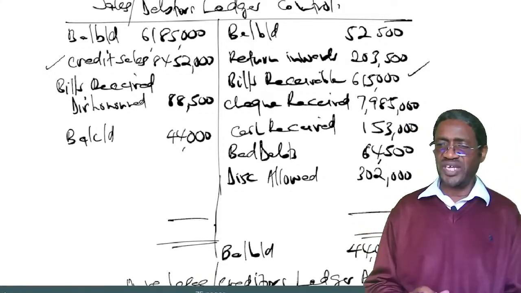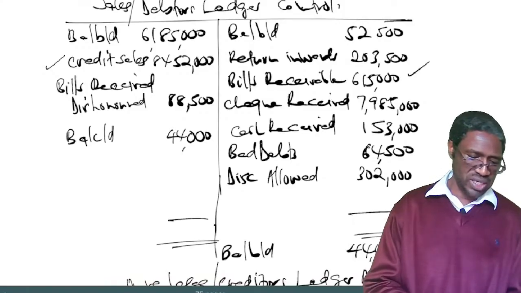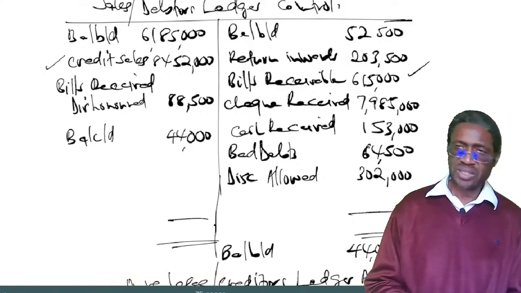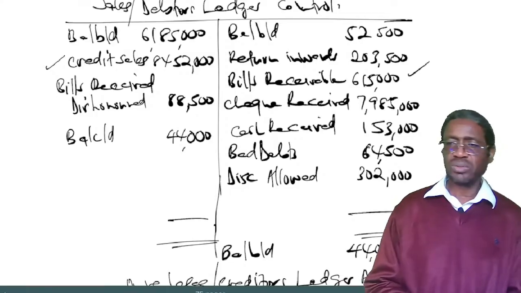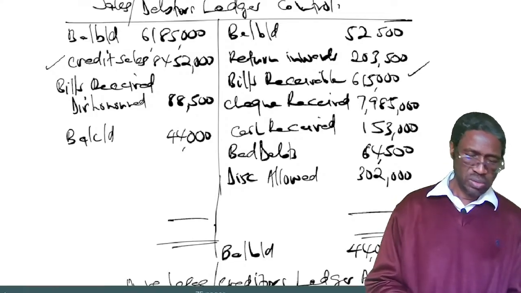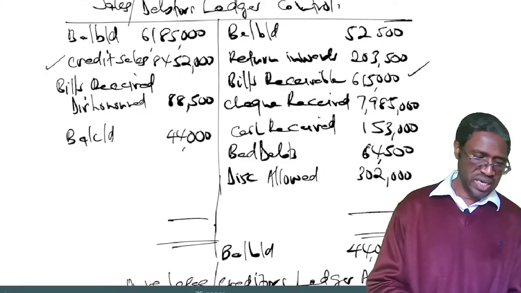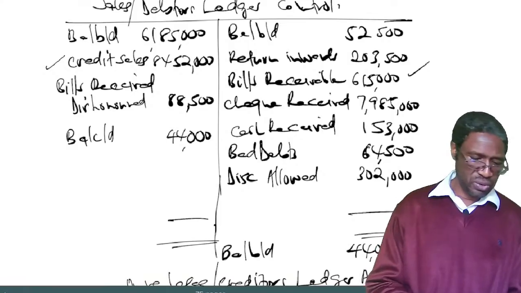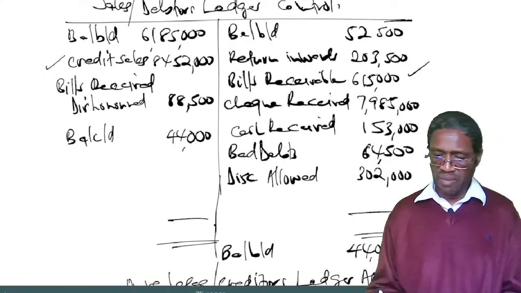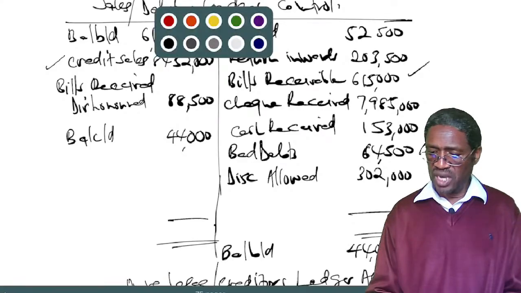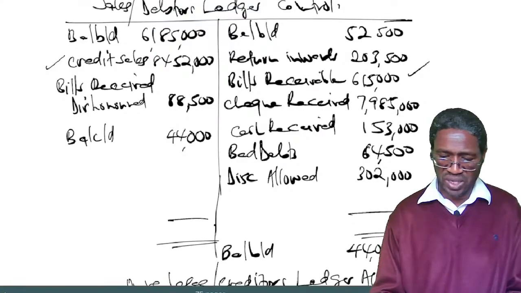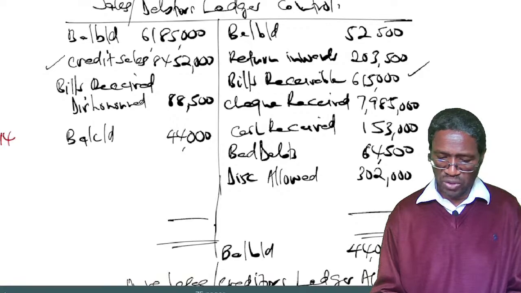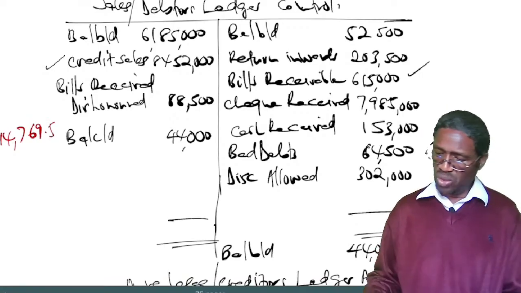On the debit of the debtors ledger, I take that 61.85 plus 84.52 plus 88,500 plus 44. So on the debit of the debtors, you confirm my figures, I am getting a total of 14,769.5.